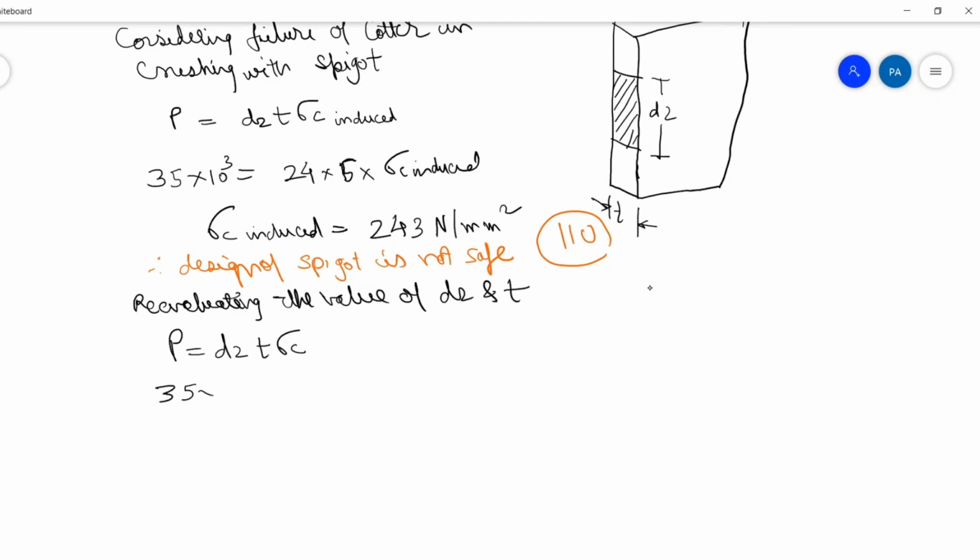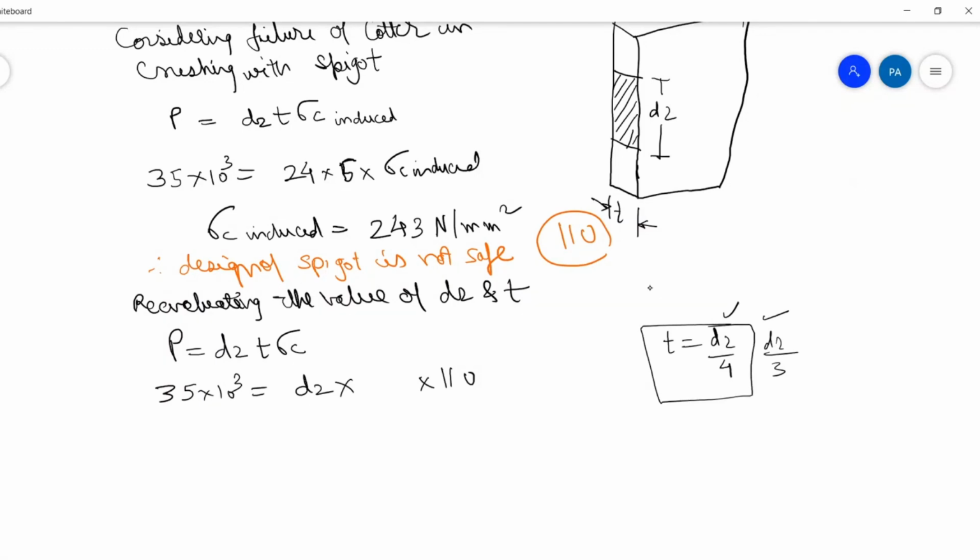P is 35 into 10 raised to 3 equal to D2, as it is, sigma C 110. Now T can be written as, again I am writing T is equal to D2 by 4. I am writing the same empirical relation because here I can write D2 by 3 also. This is correct, this is also correct, but I am keeping the same relation.